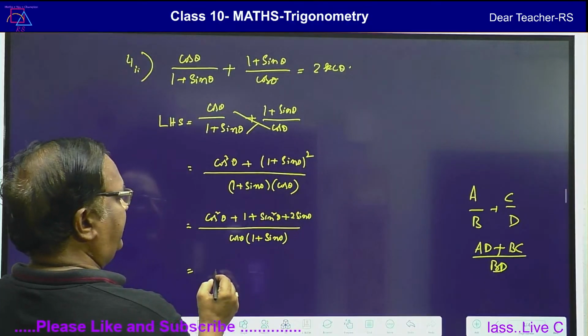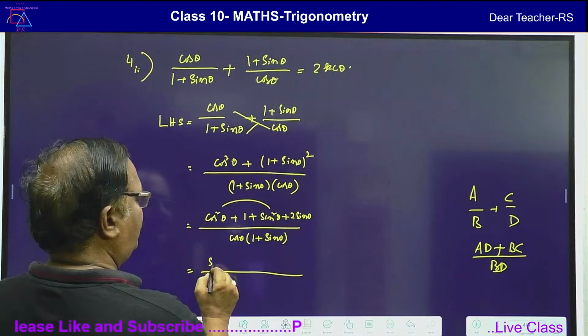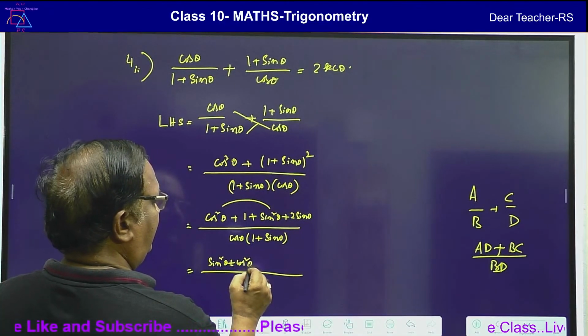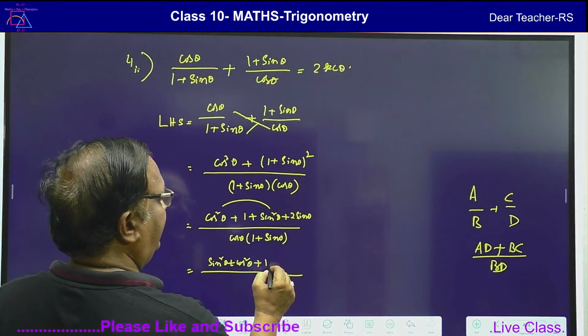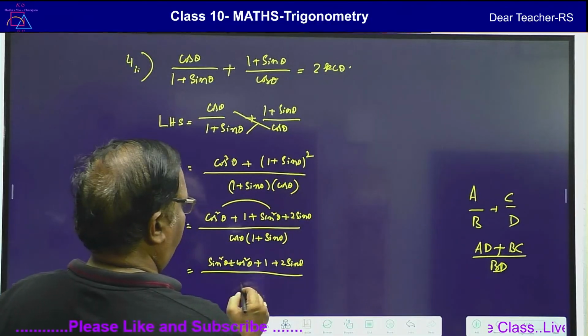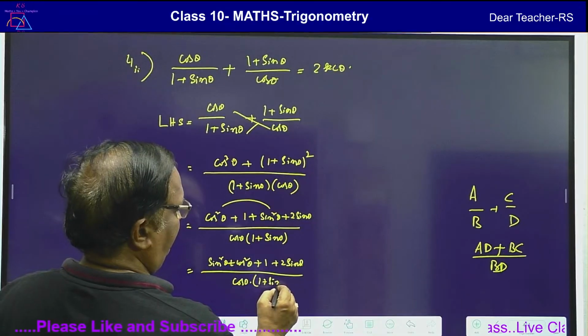Cos square theta, sin square theta together लिख के उसको 1 लिख सकते हैं. साइन स्क्वायर थीटा प्लस कॉस स्क्वायर थीटा, ये 1, प्लस 2 साइन थीटा बाय कॉस थीटा इंटू 1 प्लस साइन थीटा.